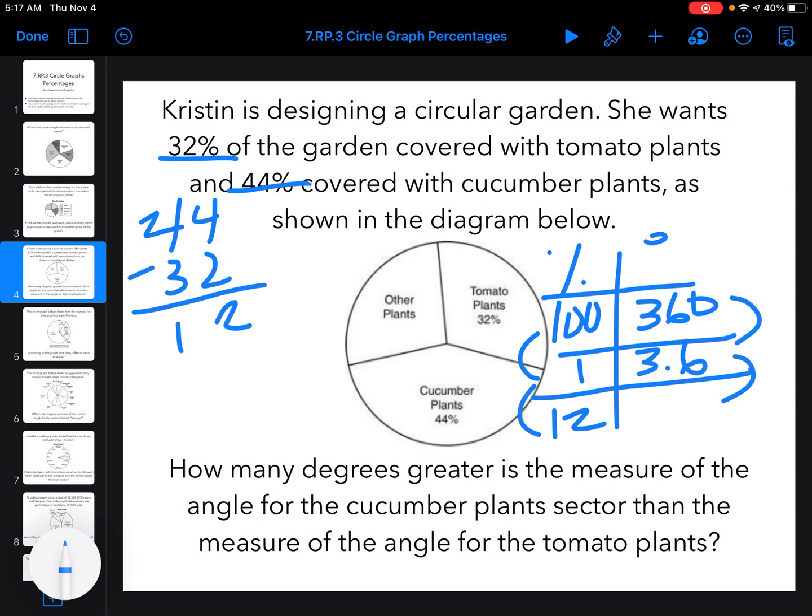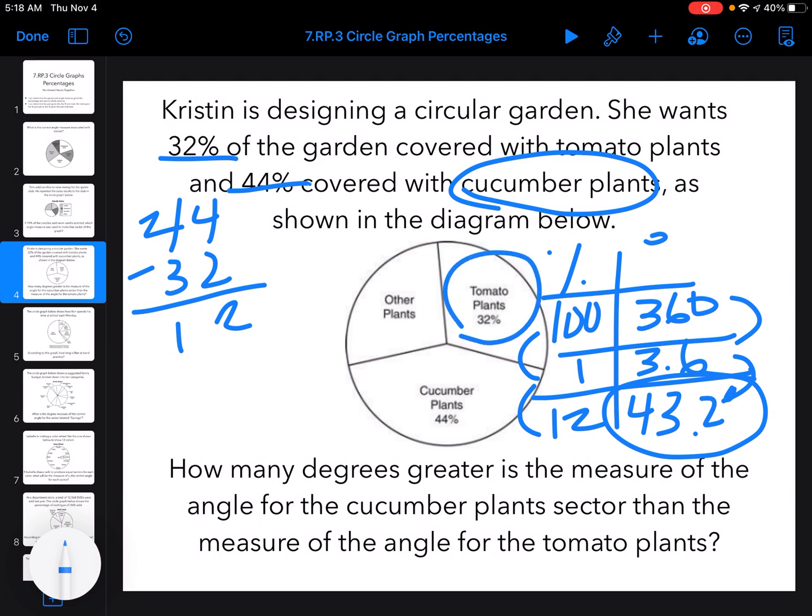So in my calculator, I'm doing 12 times 3.6. And I get 43.2 degrees. So the cucumber plants' angle would be 43.2 degrees larger than the tomato plants, which you can see based on the circle graph.